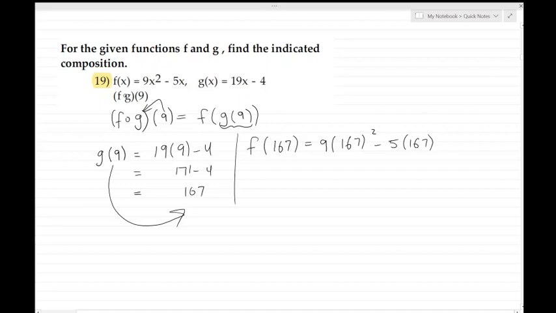You have to be careful and notice that function f has 2 places where the x happens, so you have to plug in the value into both of those. Okay, maybe I'll just write it up here so that you see it.